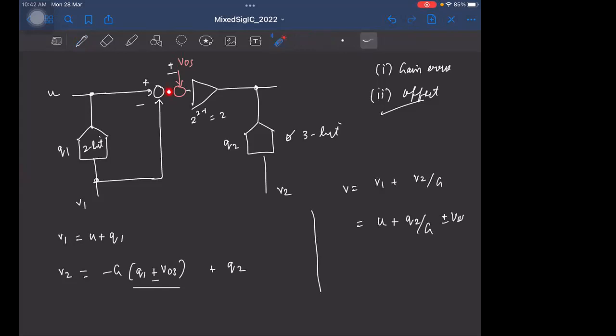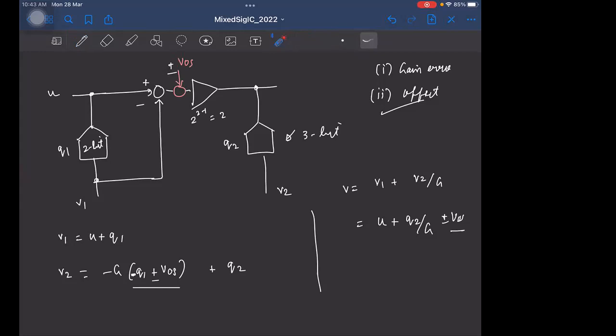This is minus Q1. Okay, sorry, this one, right? Yes, so this is minus Q1. I'm saying it's plus or minus VOS. Don't worry about the offset's polarity. Offset can be plus or minus, so I'm not worried about it. So this is the thing you get.